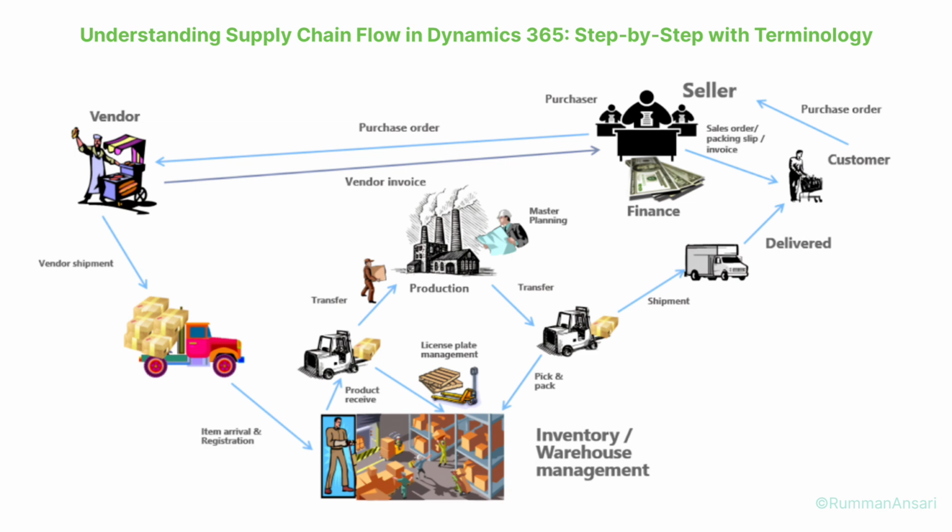Here master planning is involved, a forecasting and planning tool that determines what needs to be produced and when it needs to be produced. Here one more step is involved within the system, that is the transfer. This is nothing but the internal movement of materials from one location to another. For example, from one warehouse to the production floor, the raw material needs to be transferred via various transportation systems. It can be a small bike or car.